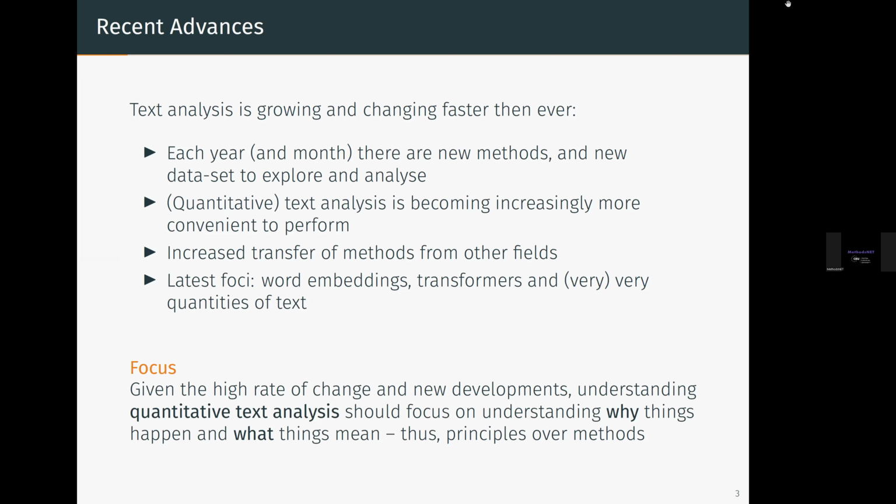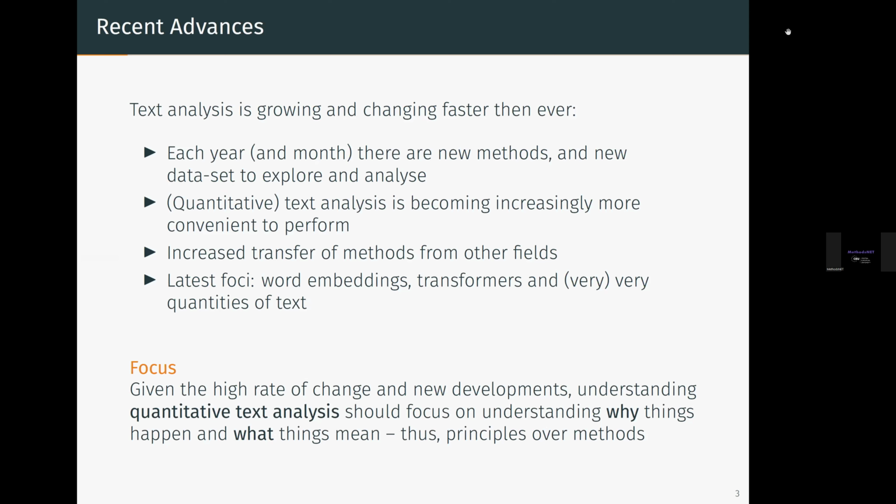And one of the things that's been helping is that there has been increased transfer of methods from other fields. So quantitative text analysis in social sciences has profited a lot, for example, of the recent developments in computer science and other related fields. It's been coming up very soon.